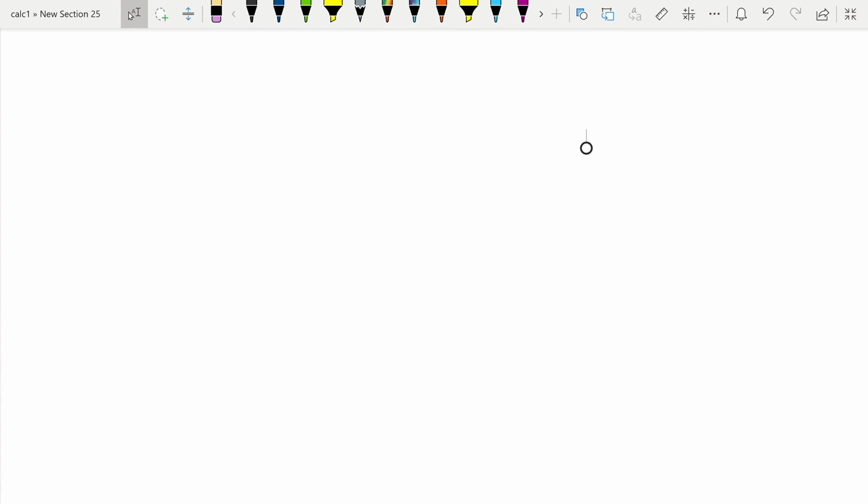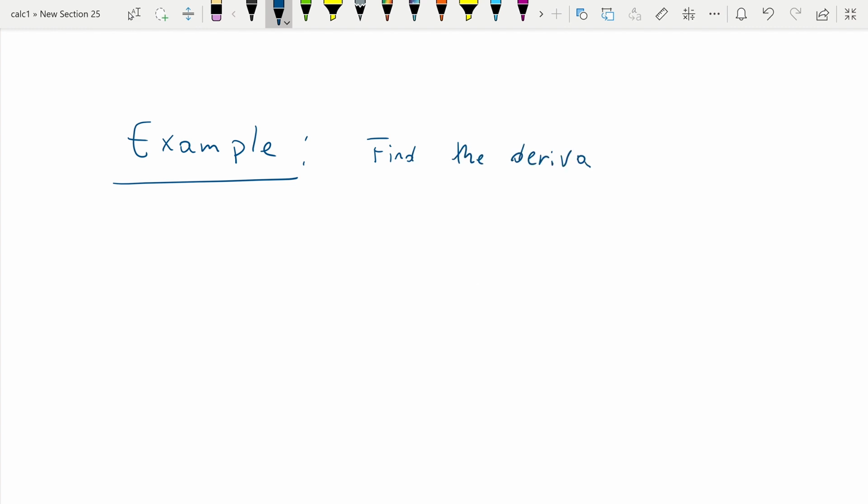So let's look at the following example. Find the derivative of f of x equals 1 over x at x equals 5.